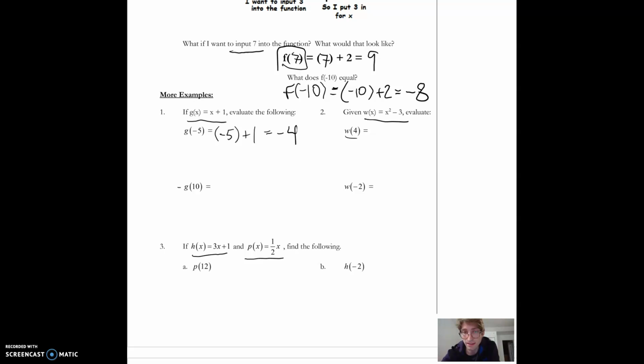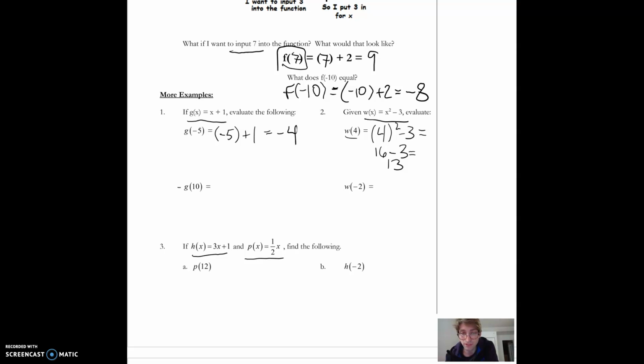So w of x equals x to the second power minus 3. When we input 4, we change our x over here and our x over here. So we get 4 to the second power minus 3, which we could simplify to 16 minus 3, which is 13. So w of 4, we input 4, our output is 13.